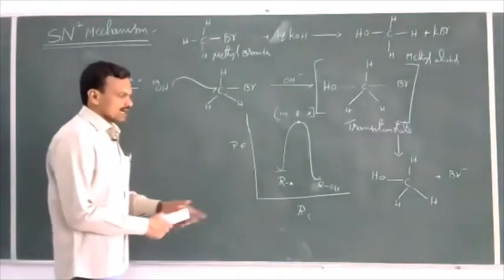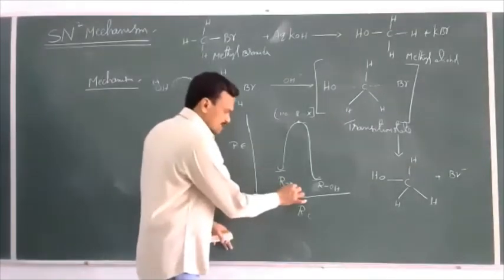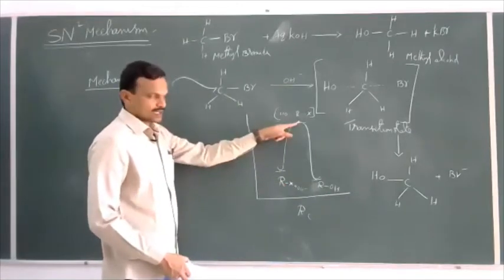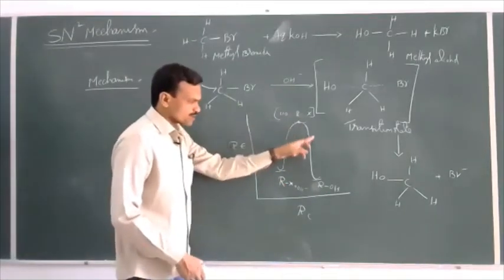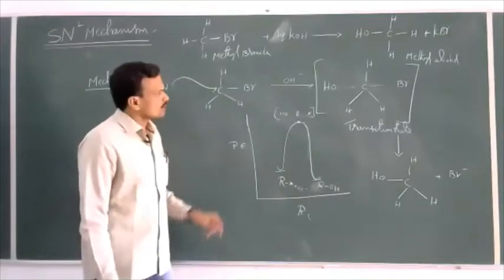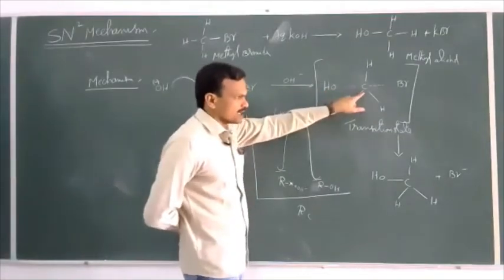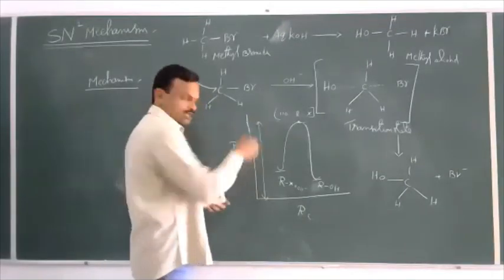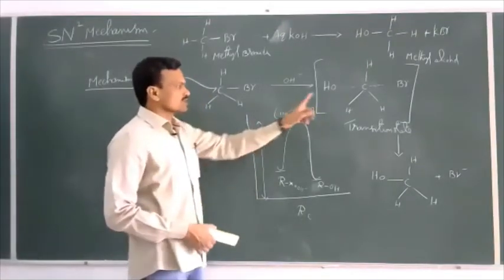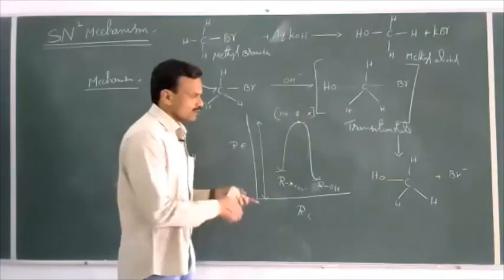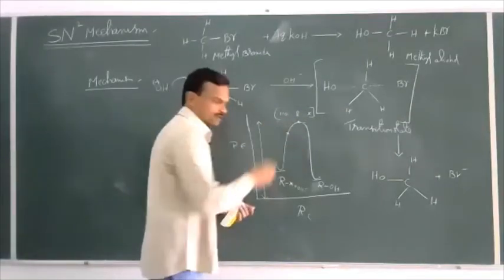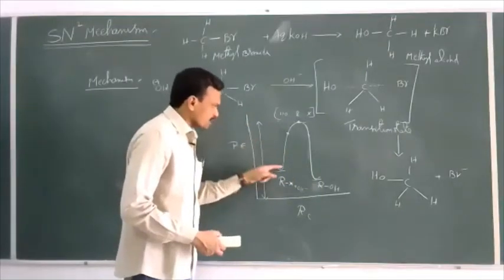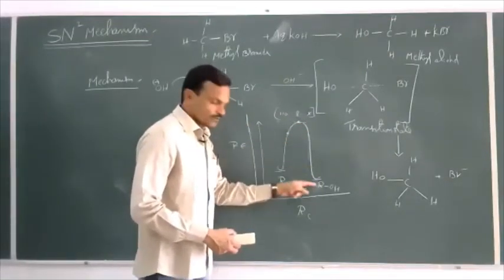So first the reactant R-X is attacked by OH minus and forms a transition state, and this transition state decomposes to give the product. The transition state formed here must possess a minimum energy, called the threshold energy. If the energy of this transition state is less than this, suppose the transition state is formed here only, then the product will not be formed. Only when we cross this energy barrier will the product be formed.